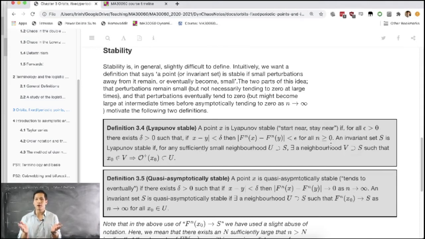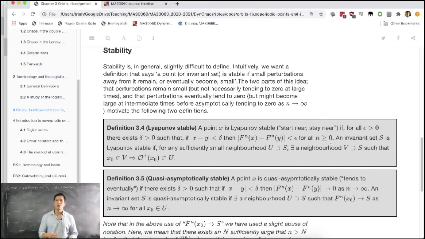Okay, this is one notion of stability. But you can also think of the fact that if I have a fixed point x and I start close to this x, I don't ever get closer to x, but I might, say, oscillate around it. Okay? And so I remain near that point x, and I might still describe that point x as a stable point, even though the iterates don't get closer and closer to that point.